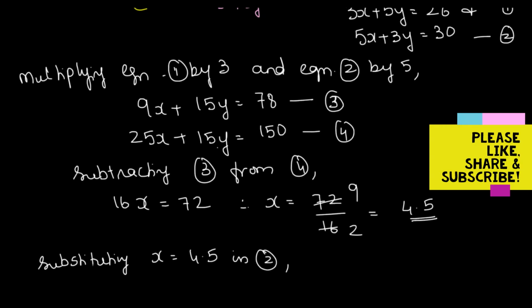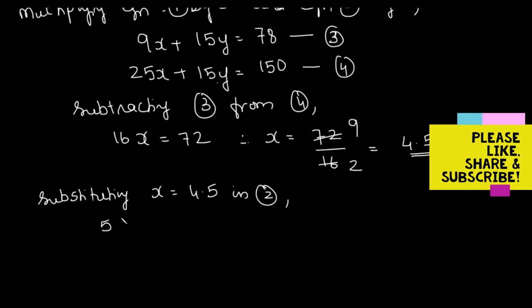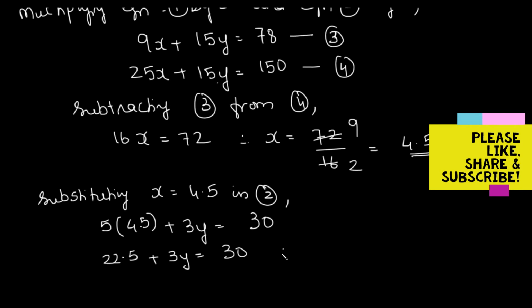We are going to get 5 into 4.5 plus 3y is equal to 30, and solving it further, we get 22.5 plus 3y is equal to 30, and therefore 3y is equal to 30 minus 22.5. Therefore, we have 3y is equal to 7.5, and therefore y becomes 7.5 divided by 3, which is 2.5.